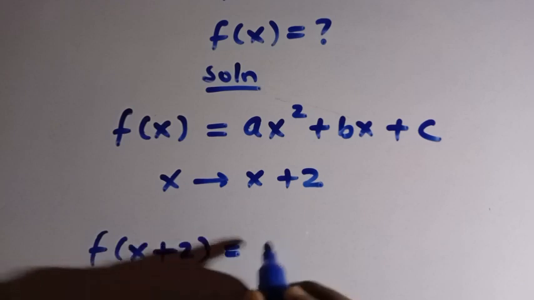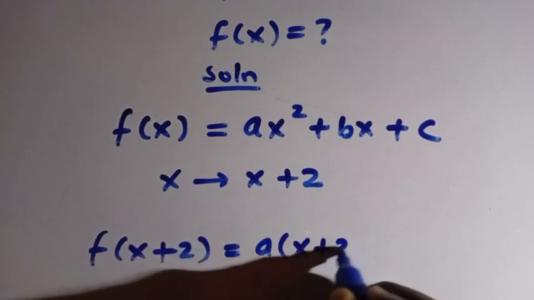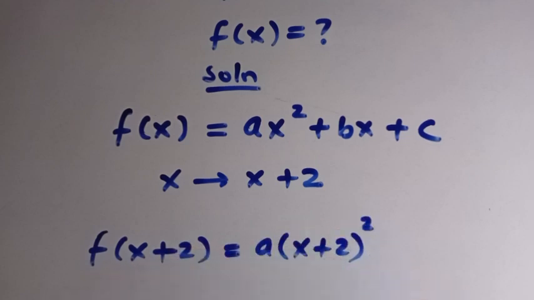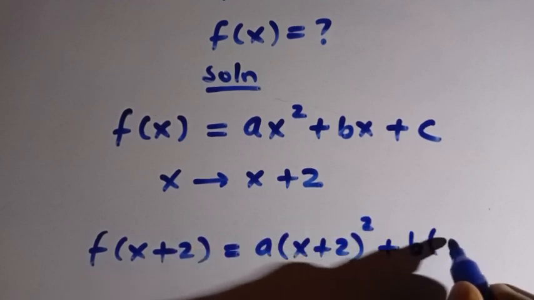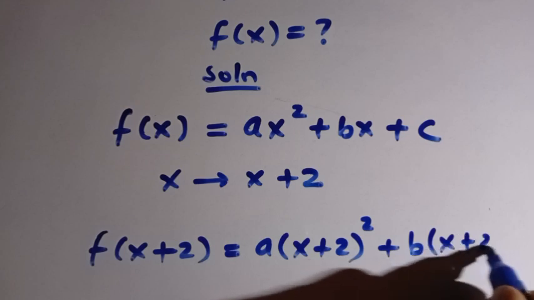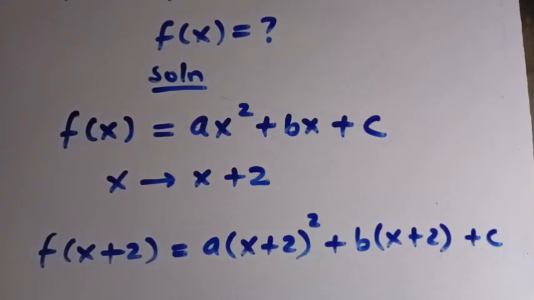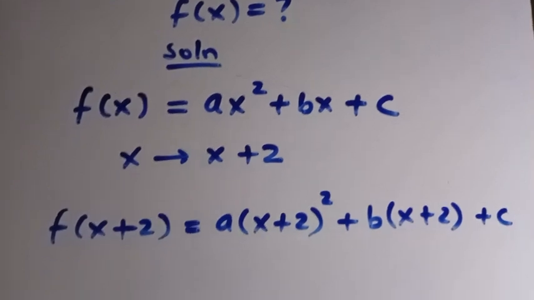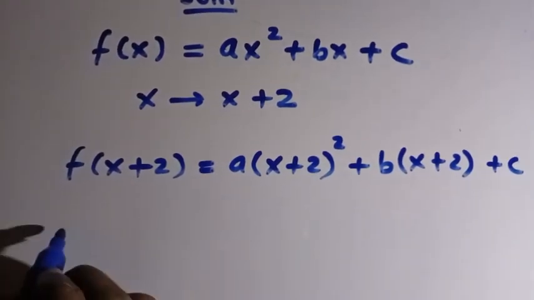This equals a into bracket of x plus 2 squared plus b into bracket of x plus 2, plus c. So this is what we have. Then we try and expand this.